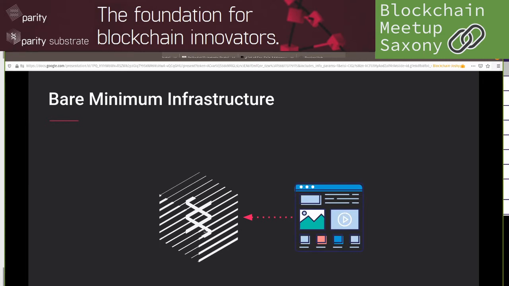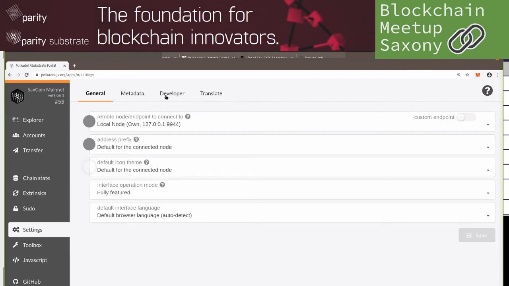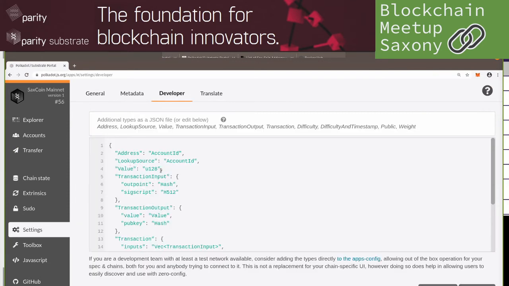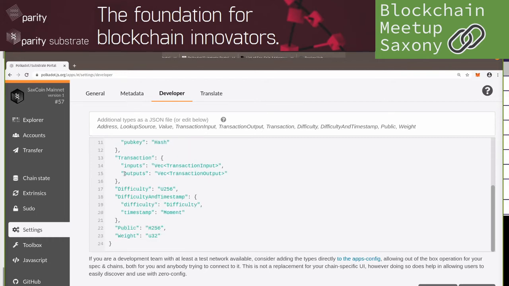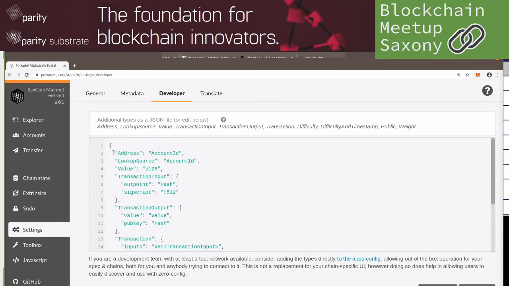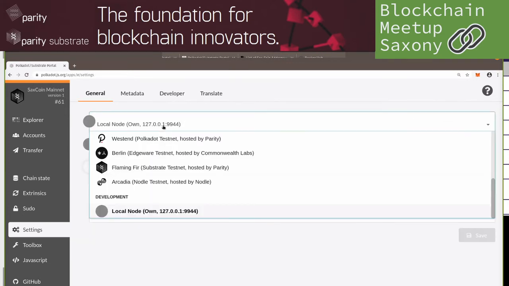The way that you tell the user interface what kind of data types the node is understanding is by putting them into this sub tab called developer. There are just a few that we need to have in here. Some of these are even extra. The one you saw me add when I was guessing was this one, which I think probably is correct and necessary. And now that I think more about it, I think I probably need these two as well. That's a little beyond what we're going to go into detail in here, but let's just see if we get it fixed up, and then I'll tell you everything you need to do.